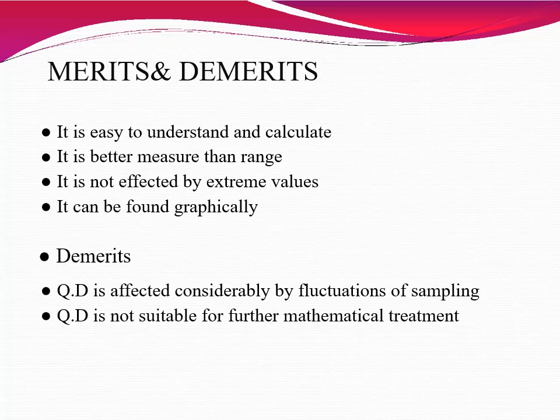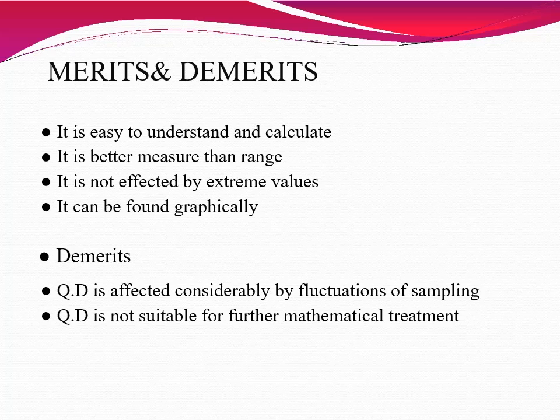It is also considered a better measure than range because in range only the two extremes are concerned. Apart from the two, the in-betweens are not at all taken into consideration, but in this case the first quarter and the last quarter are taken into consideration, and this is why it is called a better range when compared to range.